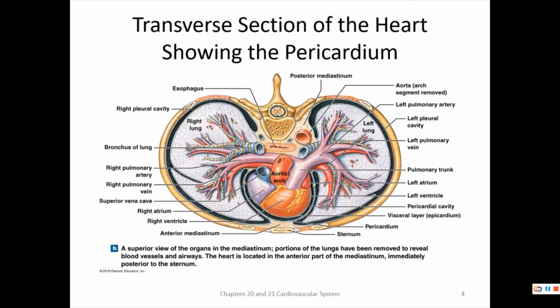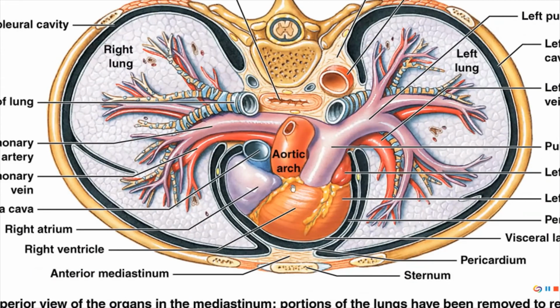Now, as we look at this, you could see, again, in cross-section here, a parietal pericardium and a visceral pericardium and a space in here. This space between the two here is rather important. There is pericardial fluid, but clinically sometimes that can accumulate due to an infection causing congestive heart failure.